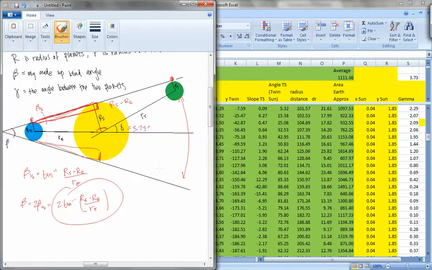If it's bigger than that, and it very well could be, because the picture is deceiving, since the radius of the Earth is much bigger than what I drew in the picture, then maybe at 3.73 degrees of separation, you can actually see that thing. So I'm working on it, and that's what I got so far. Thank you.